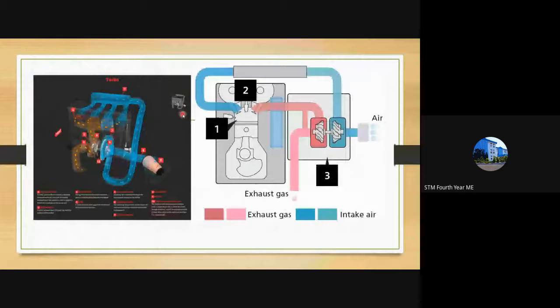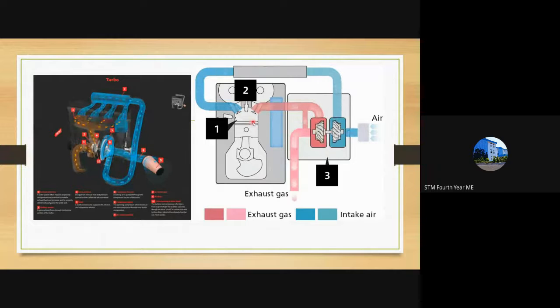So you can see how the working of the turbocharger is taking place. I'm just telling you how the working is occurring, so you don't have to look at the rotation. The air enters here, goes to this part, the intercooler, then into the intake manifold and into the cylinder.